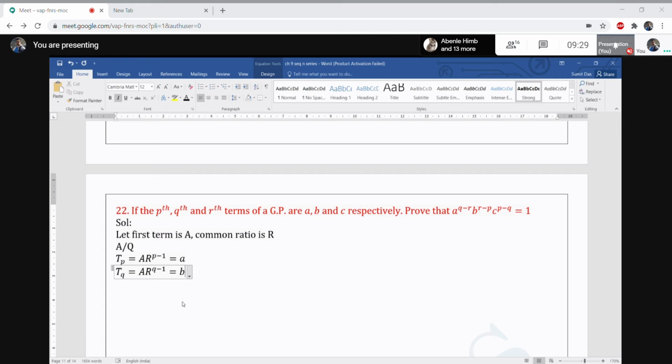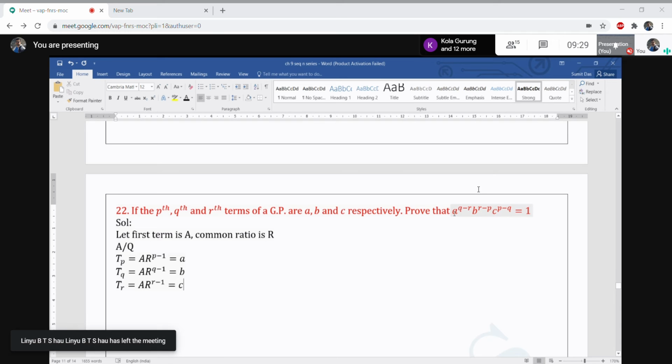Then the rth term is equal to A R to the power r minus 1, which is actually c. Now you have to prove this equal to 1. How to prove? We'll take the left hand side.